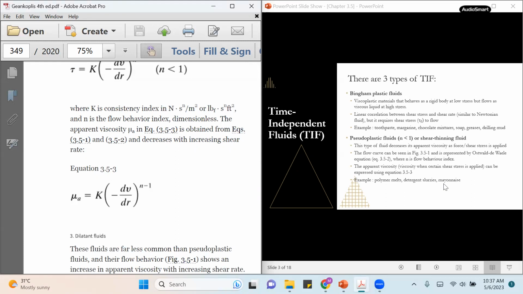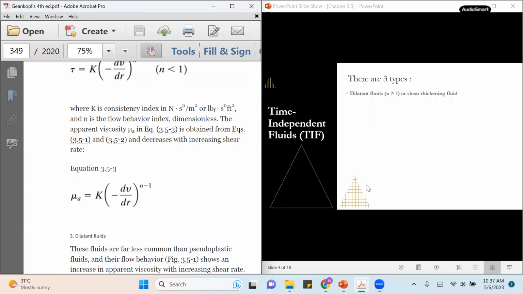We stir it for like 5 minutes, it starts to become less and less viscous. It starts to be thinner, not thicker. So this is one example of the pseudoplastic fluid or shear thinning fluid.